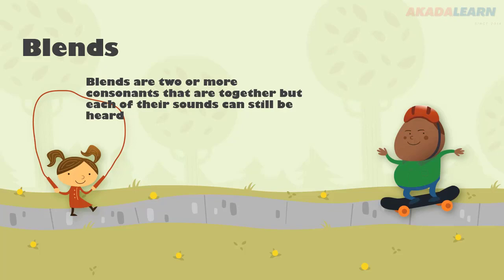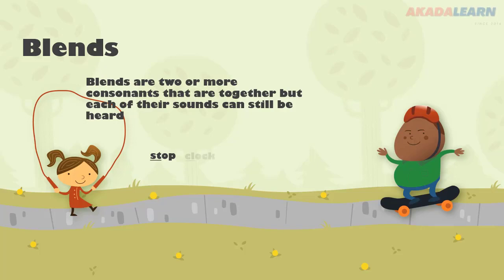Alright, I'm sure you've seen blends before in a lot of words. For example, you have blends in the word stop. As you can see, S and T. They are both consonant letters and they are together and they make their individual sound. The S is making its S sound and the T is making the T sound, and together they're making an ST sound.